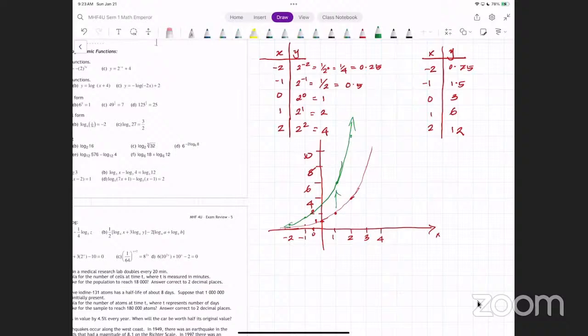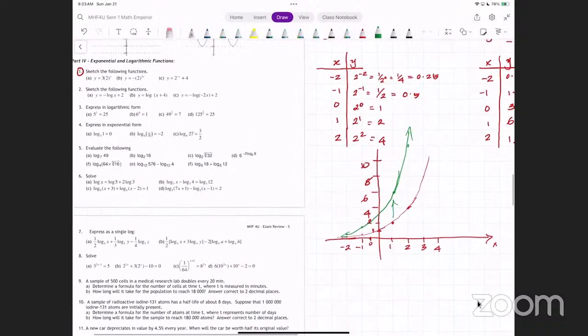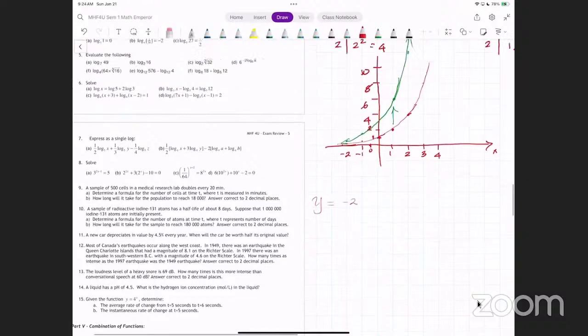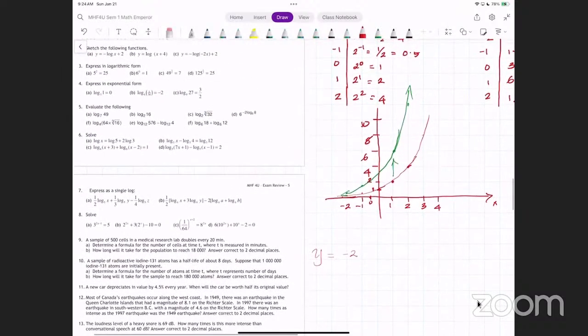So let's move back to the next curve, y is equal to minus 2 to the power of 3x. So this one, we just need to be careful what kind of transformation is going to happen.